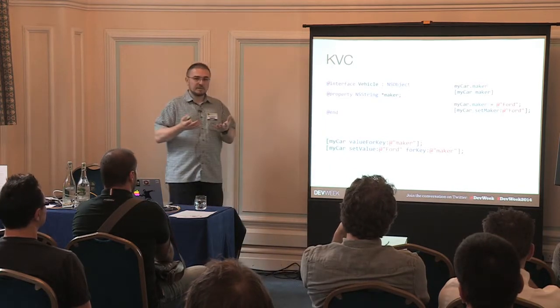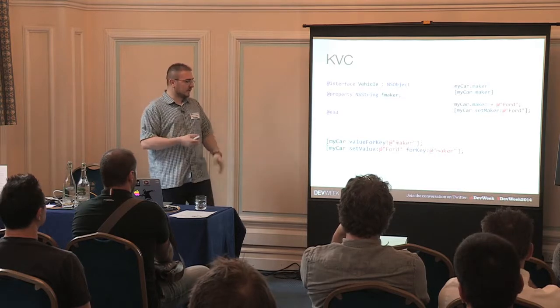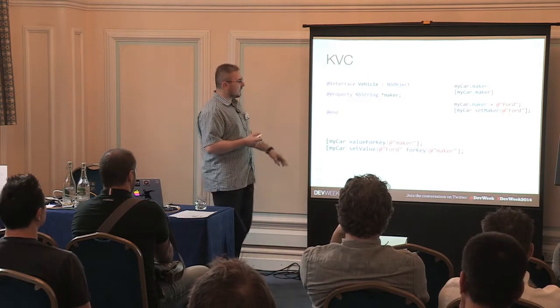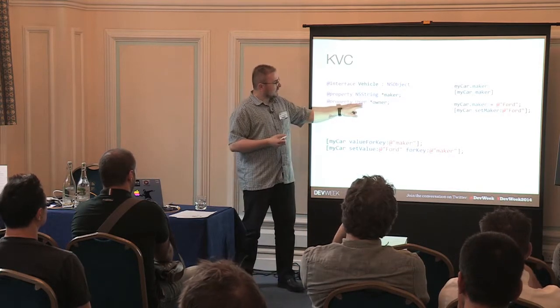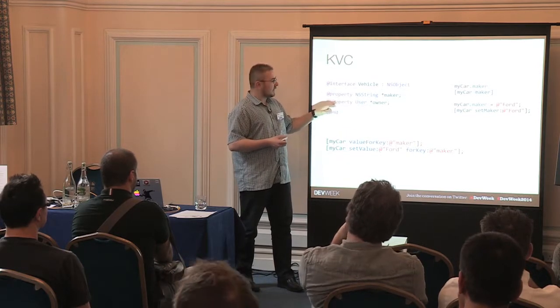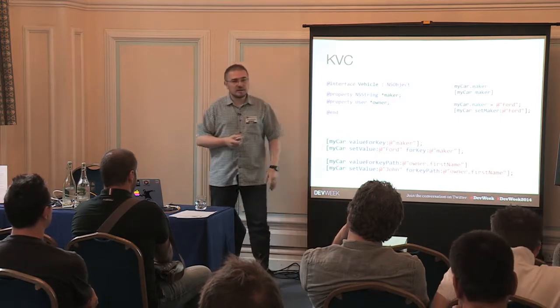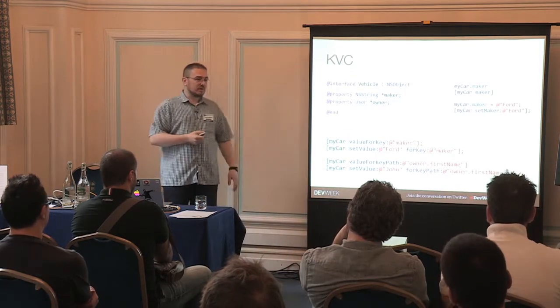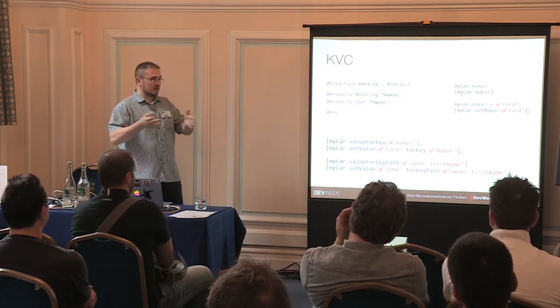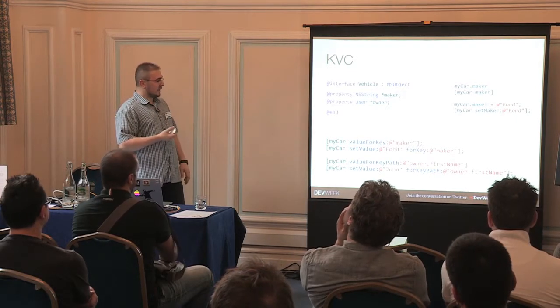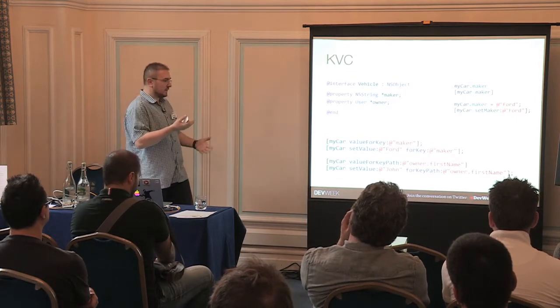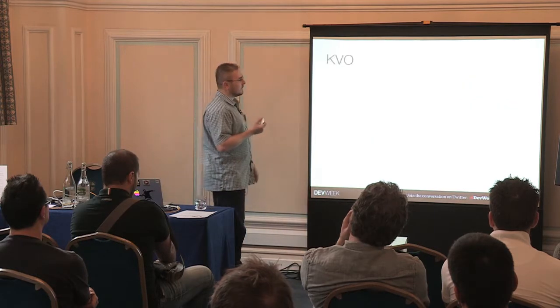We have this thing for dictionaries, where you can get a value for a key, and you can set a value. Not only that, but if you have another object that is owned by this class called owner, you can go in and access it for a certain key path. You can access the properties of the owner. So you can drill down and go all the way in. And this is the KVC. You can set it and retrieve it like that.